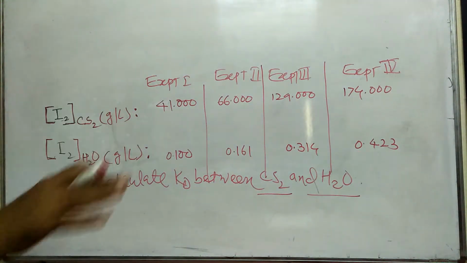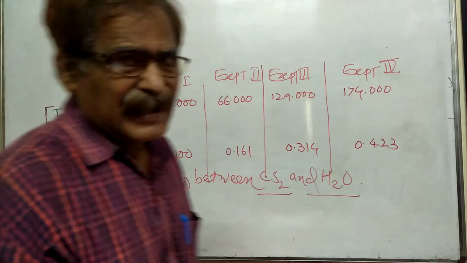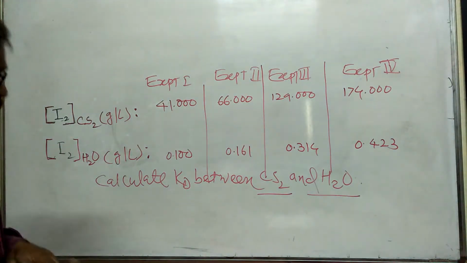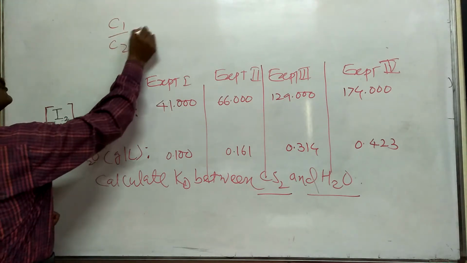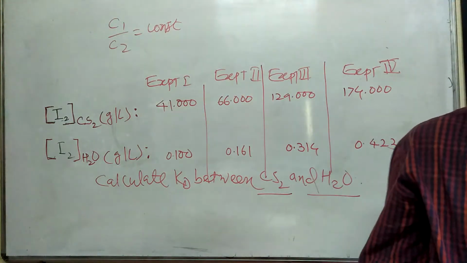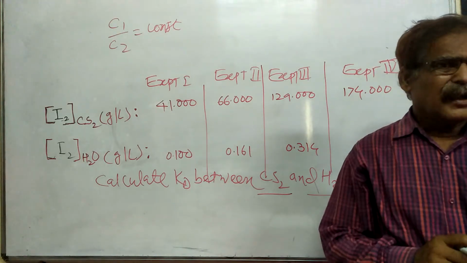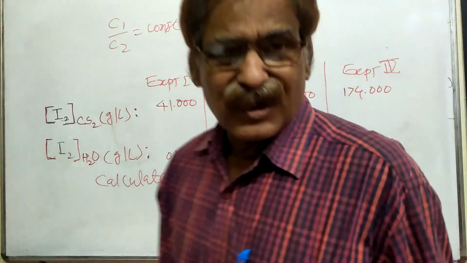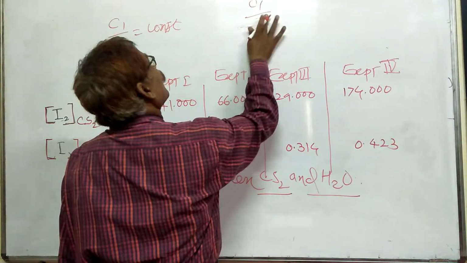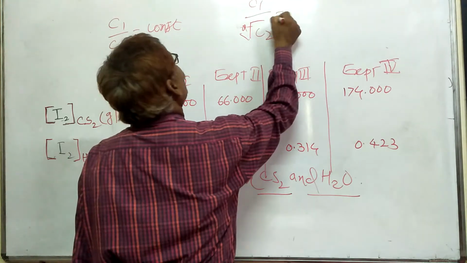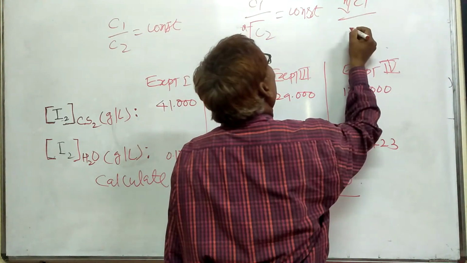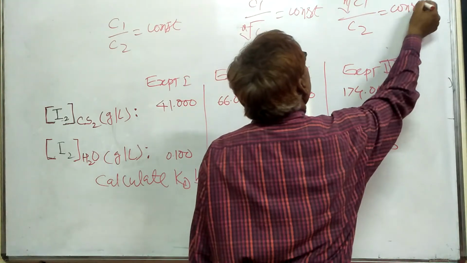We know that when any solute exists as normal molecules in both the solvents, the ratio C1 upon C2 is always constant. On the contrary, when solute undergoes association in either of the solvent, in that case the ratio C1 upon n root of C2 is always constant, or we may say n root of C1 upon C2 is always constant.